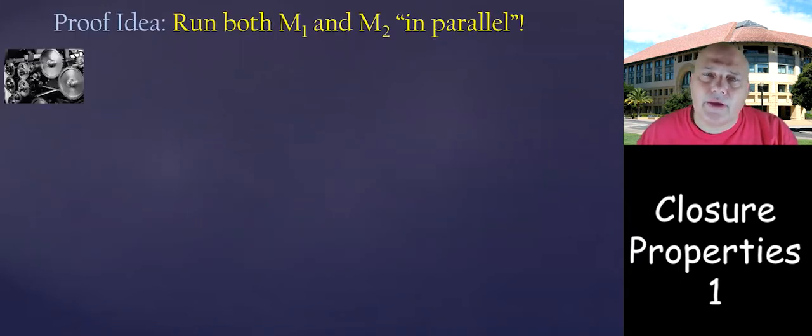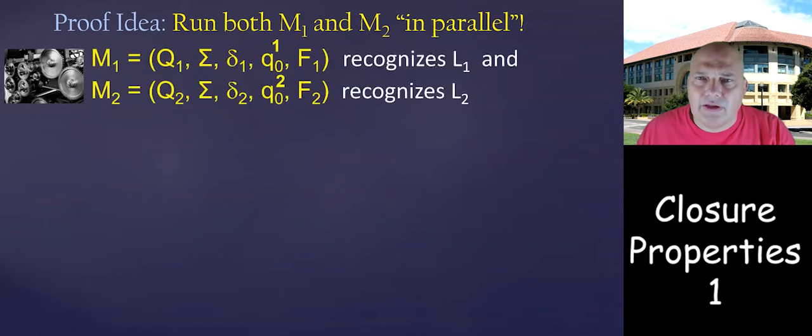So the idea is to construct M that in parallel runs M1 and M2 and accepts if one of them is accepting. So we will run the machine for L1, the machine for L2, and if one of them accepts, so will we. So these are the machines as before.